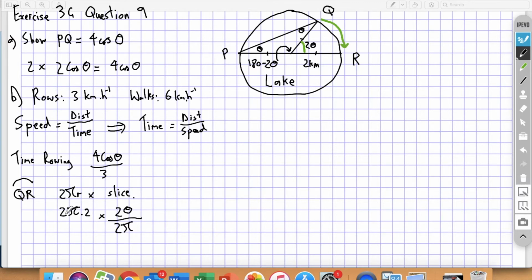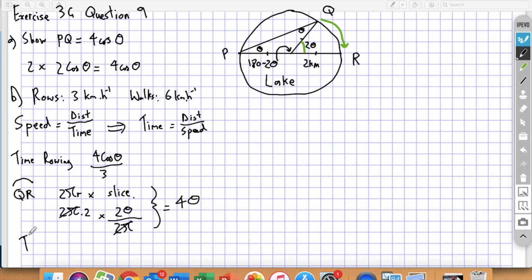They're going to cancel, and you'll be left with 4 theta, okay? So this distance is 4 theta. But what about the time?